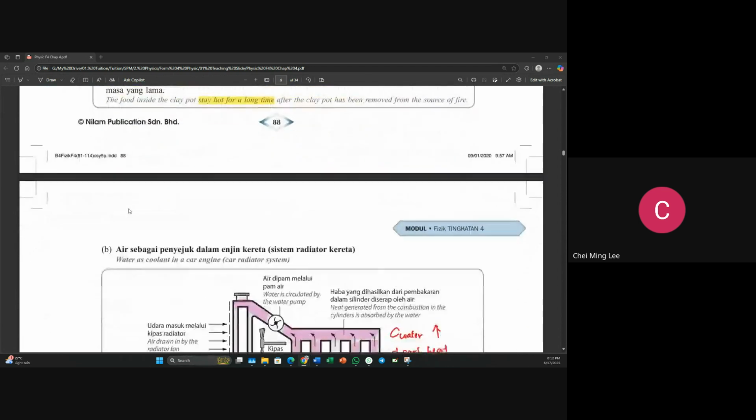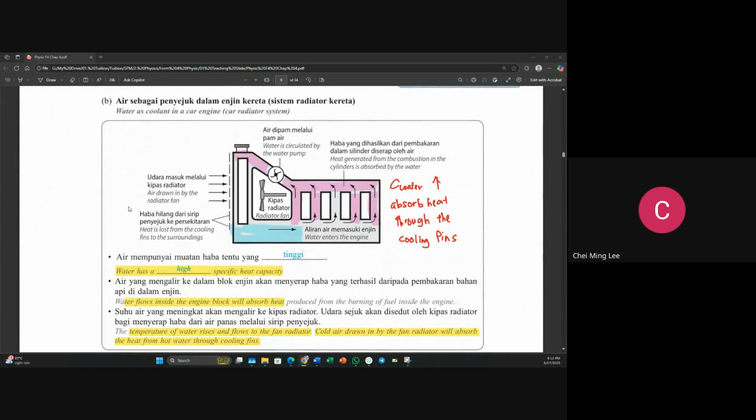Done. So next, let's see when we use water as the coolant in a car engine, in the car radiator system. So you see, the one with pink color is the hot water. This blue color is the cold water. So what happens is the water pump will drag the water from the lower side to the top side and then back here, becoming a circulation. So the cold water will pass through the radiator.